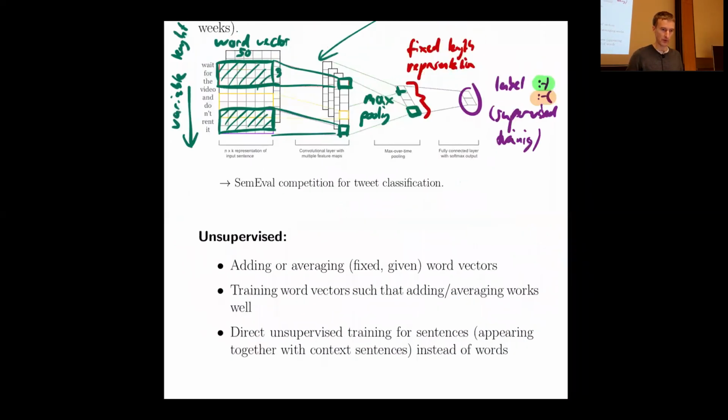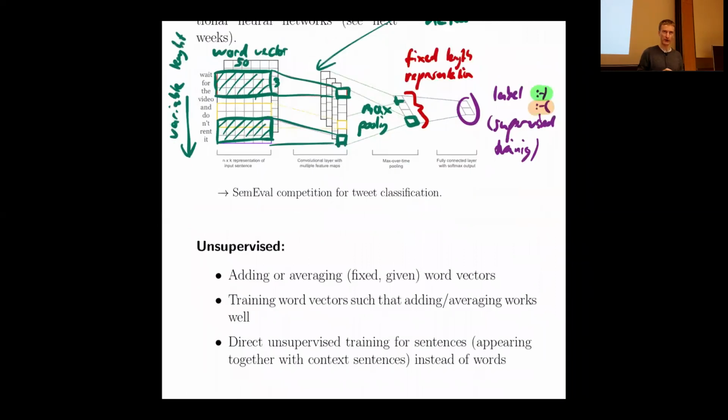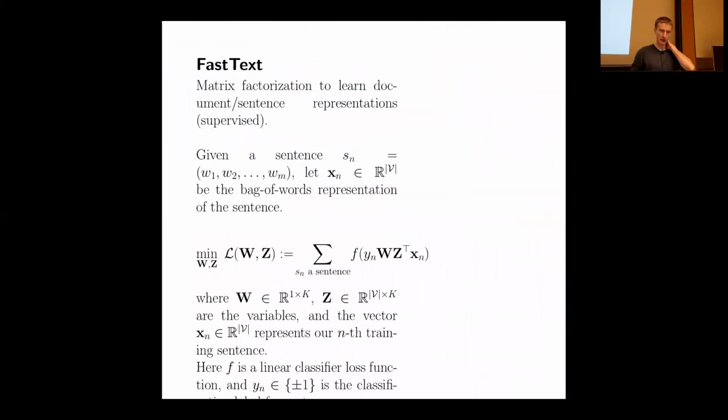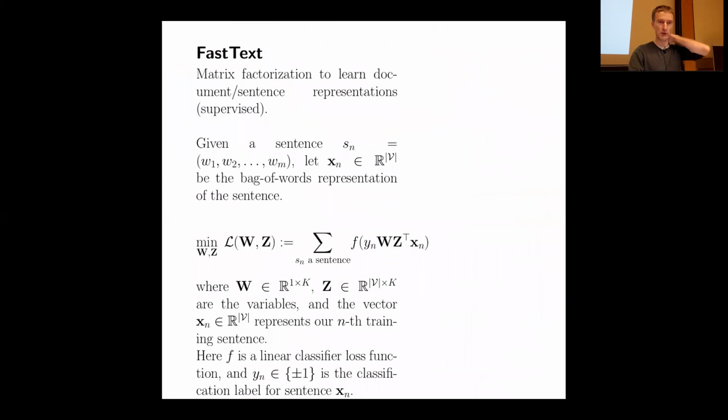Okay, and there's not much left. So I want to finish with fastText, which is actually a really nice thing, which can be both supervised and unsupervised. And why we put it here is because it's kind of a nice way to go beyond words. So this can do sentences.